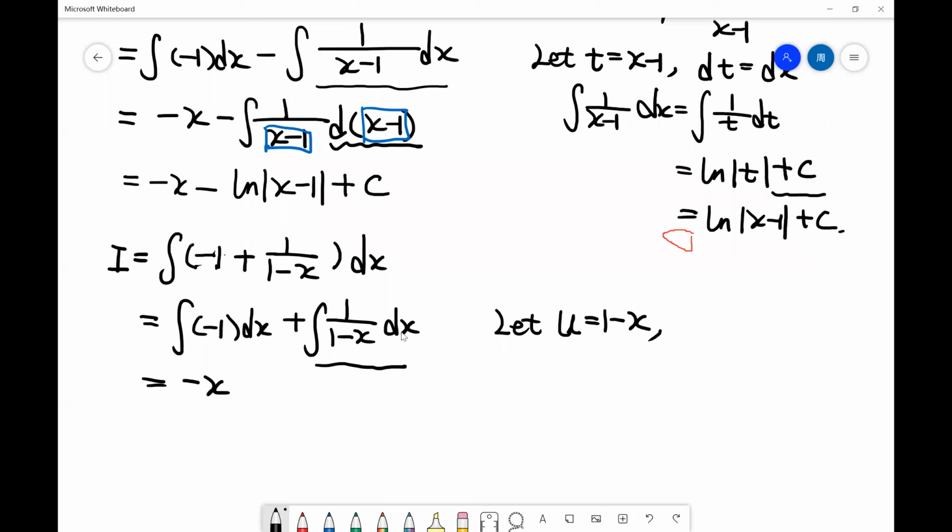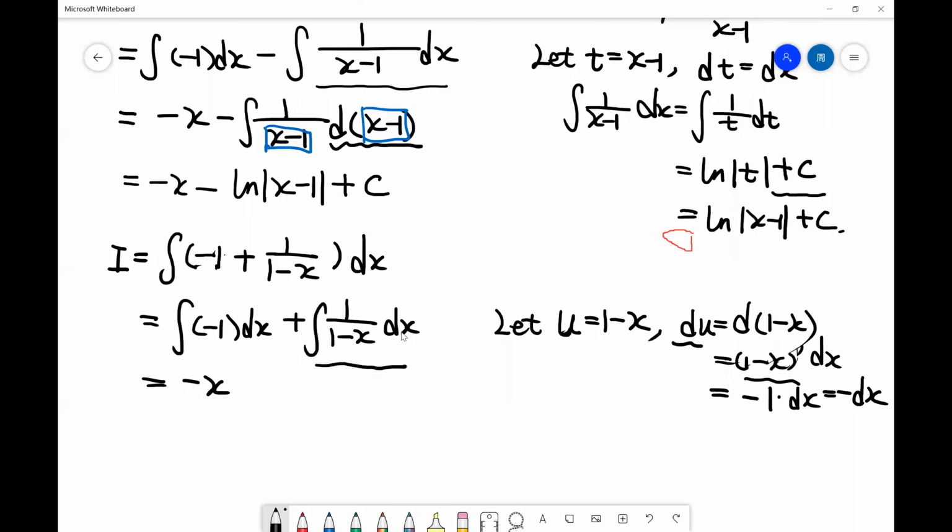So you will find that du equals d(1 minus x), and that equals (1 minus x) prime dx. And that equals here (1 minus x) prime equals minus 1, right? And times dx should be minus dx here.